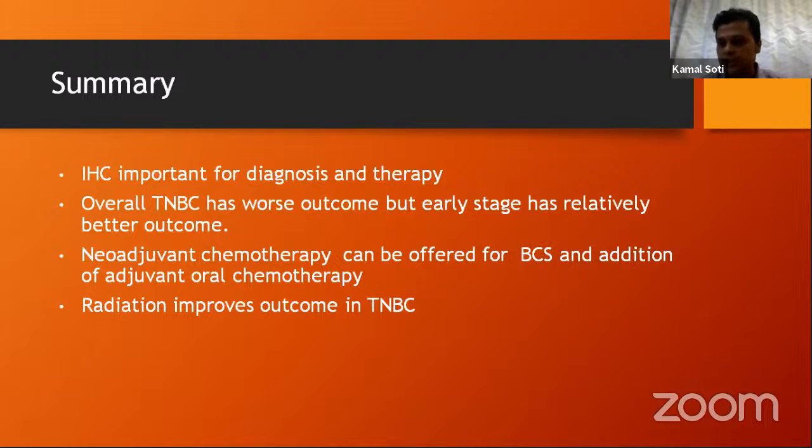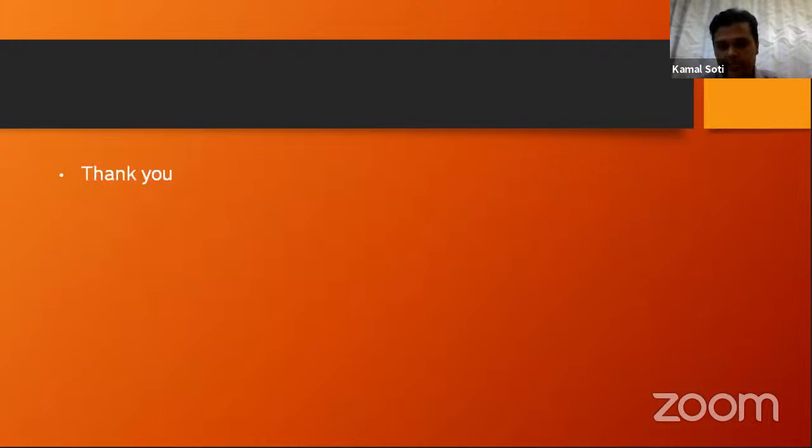But if we choose judicious treatment options in the early stage, we can have a better outcome in such patients. We can always offer them neoadjuvant chemotherapy with the aim of conserving the breast and with the hope of adding some additional newer oral chemotherapy in case of residual disease. And yes, of course, adding radiation therapy improves overall outcome in such patients.